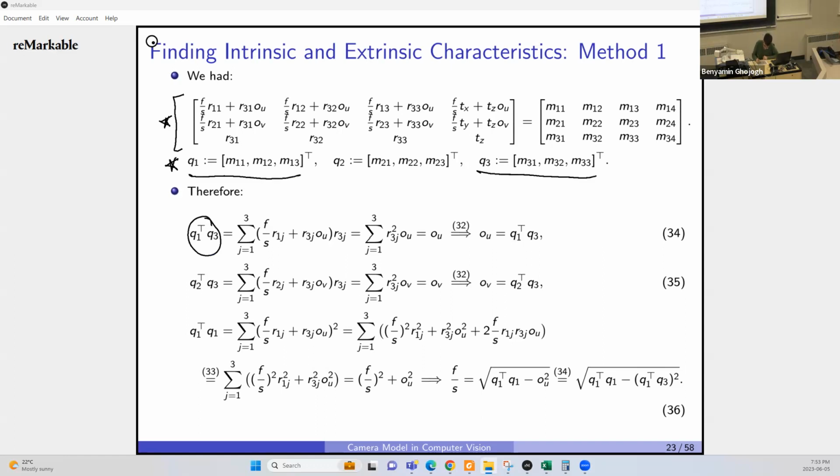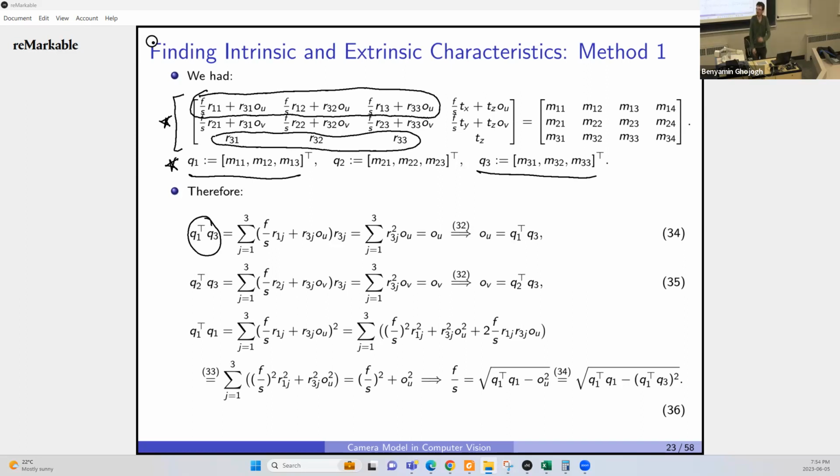Let's see what happens. What is Q1? This is Q1. This is Q3. What do I mean by Q1 transpose Q3? Multiply their elements one by one: this times this, R31, this times this, and this times this.